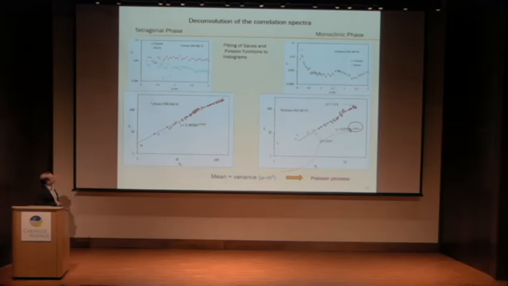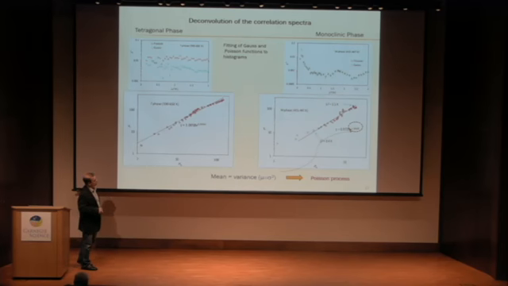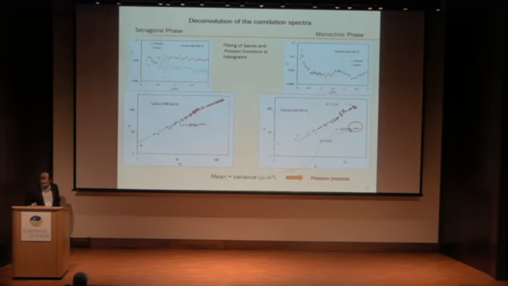You can see again the statistical development, and what is important, when we analyzed the mean value and standard deviation in these two cases, we see that in the tetragonal phase, mean value is proportional to the standard deviation of that histogram, and in the monoclinic phase, the mean value is proportional to the variance, to the square of the standard deviation. This is the known property of Poisson distributions, and this proves that we really observe Poisson distribution in the monoclinic phase.